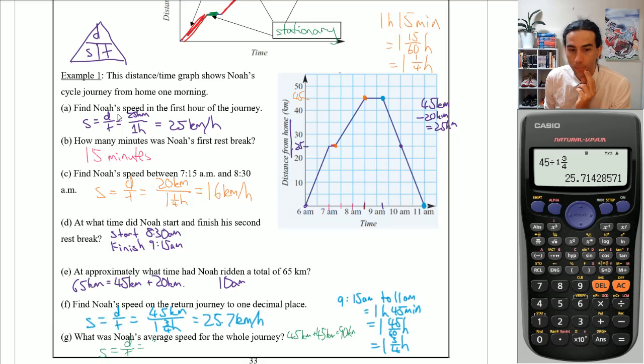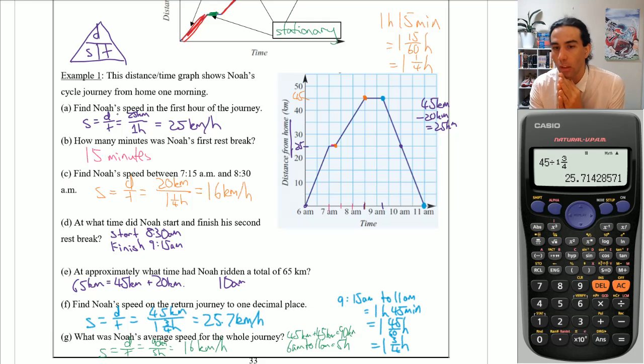Time taken. Started at 6, finished at 11. Five hours. 90 divided by 5, 16 kilometers per hour. Whoa, a lot going on there.